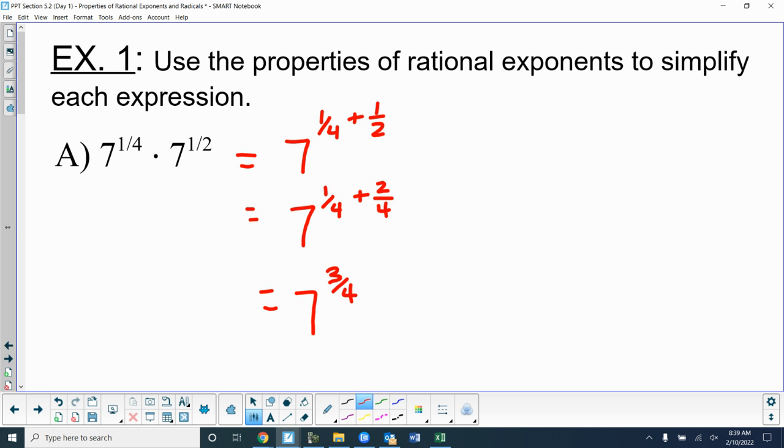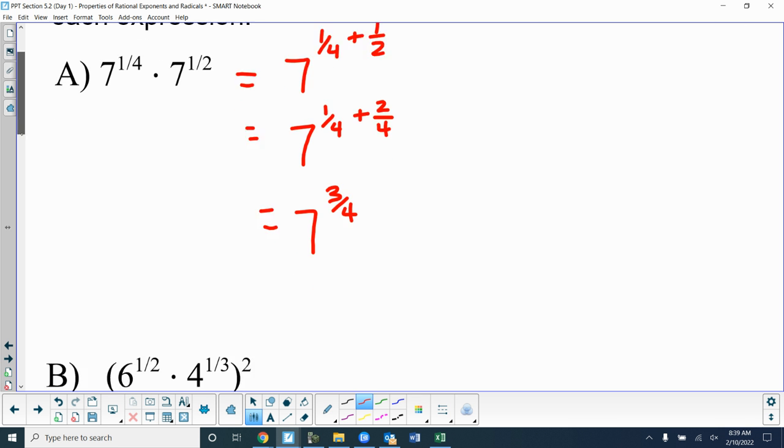So that's simplified. Okay? When they say simplified, they don't really want a decimal, unless they say write your answer to the hundreds place or something. You don't have to put it in your calculator. They just want it in simplified form. So we always want this exponent to be simplified. You don't want 6/8. You would want to change it to 3/4, right? But we're just adding the exponents when the bases are the same.